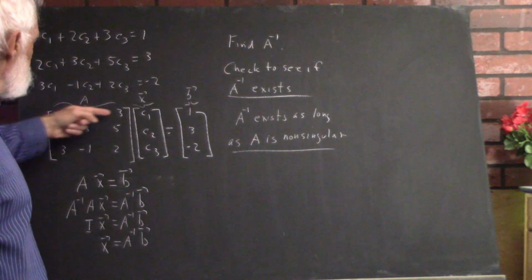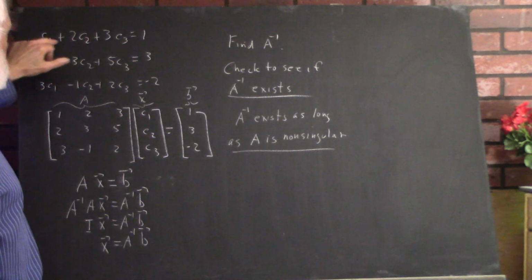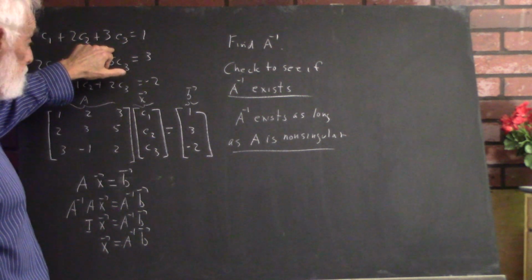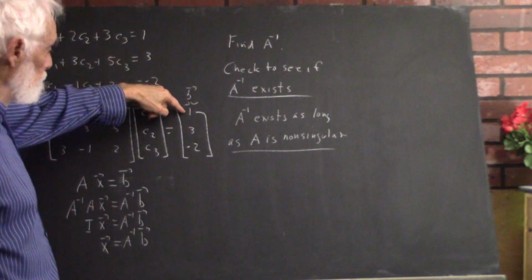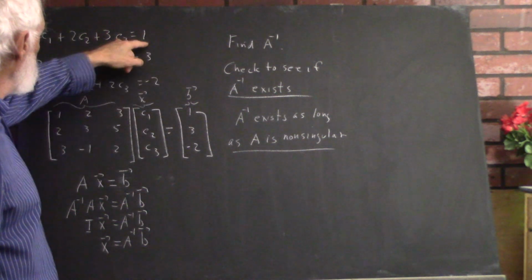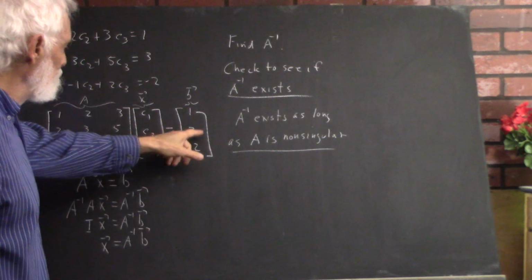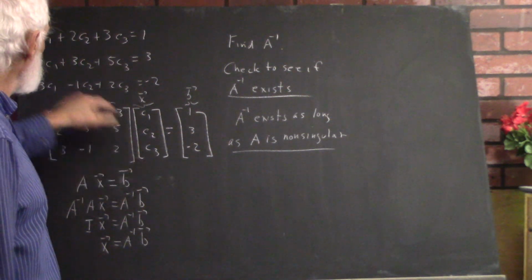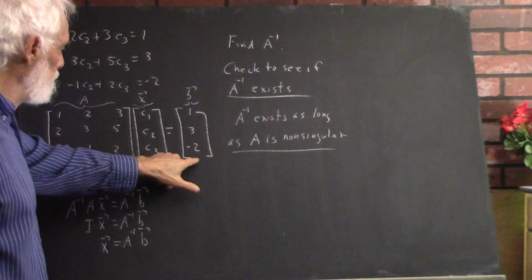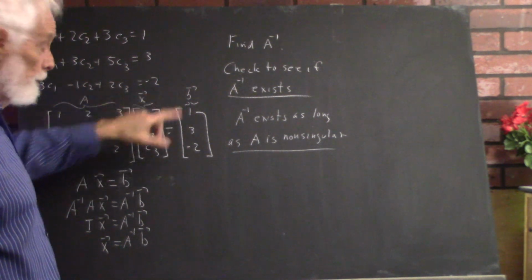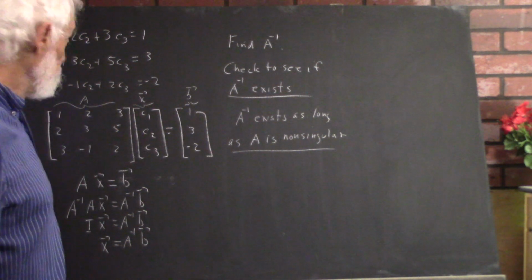If I multiply the first row (1, 2, 3) by C1, C2, C3, I get C1 plus 2C2 plus 3C3, and that is going to have to equal the first row of this column matrix, which is 1. There's our first equation. Second row times this column is this, and that equals 3. And the third row times this vector gives us this. There's our third equation. So this matrix equation stands for this system.